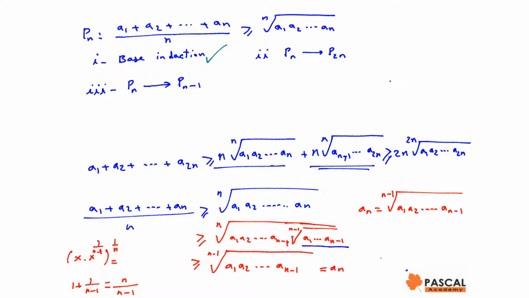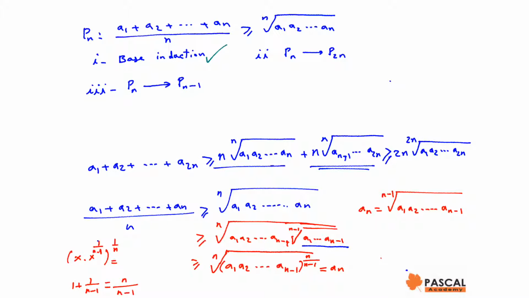Therefore, this can be written as the n-th root of a1 a2 ... a(n minus 1) to the power of n over n minus 1.